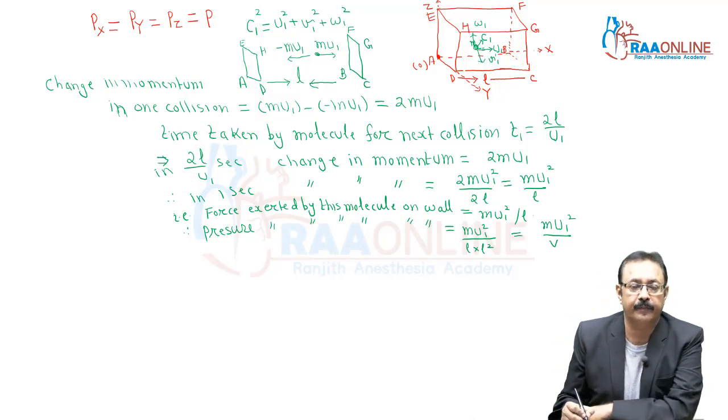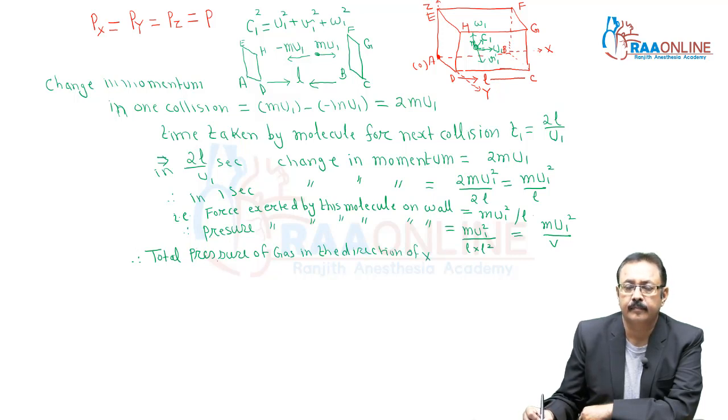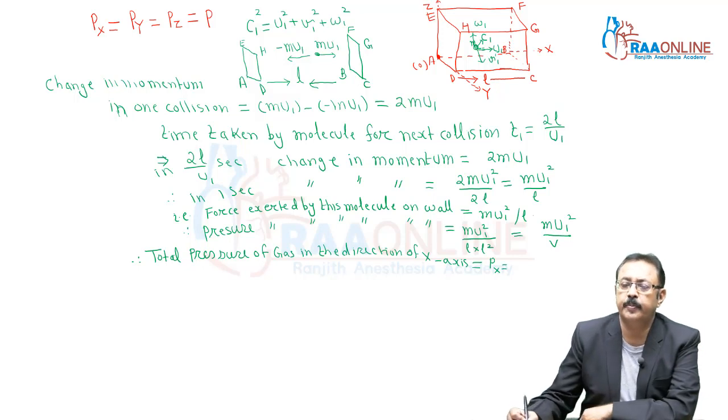So the total pressure of gas in the direction of the x-axis, which we denote by Px, should be m by V common.